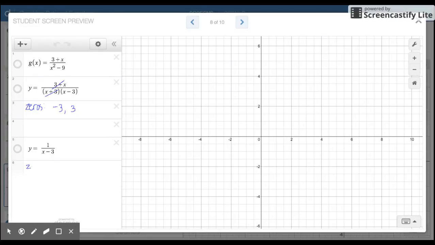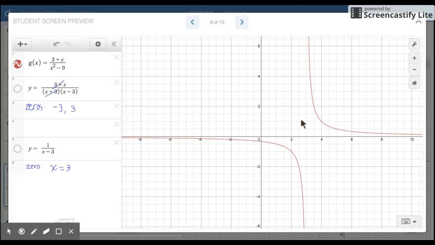Now what's the zero of the denominator? The zero of the denominator is x equals 3. So originally there were two zeros, but one of the factors got canceled. So in the simplest form, there's only one zero in the denominator. Now let's take a look at the graph. The graph is again a hyperbola, and we see that there's a vertical asymptote and a horizontal asymptote.